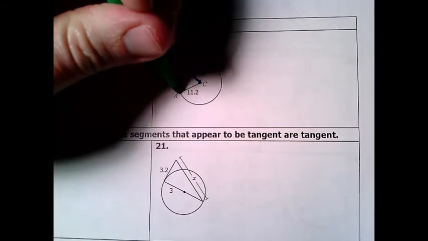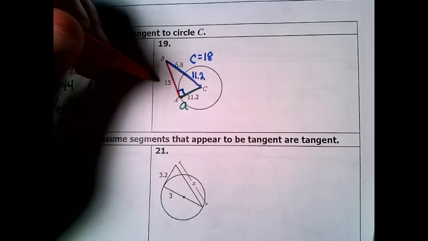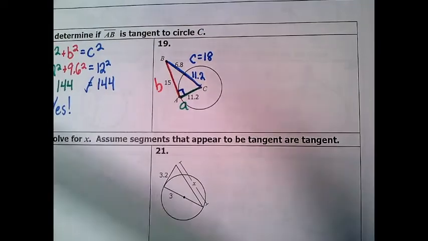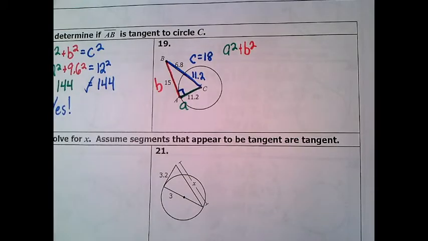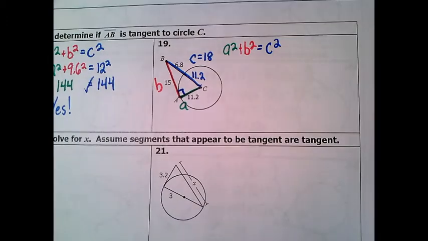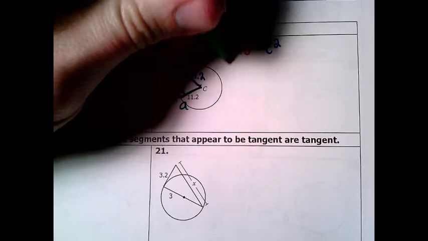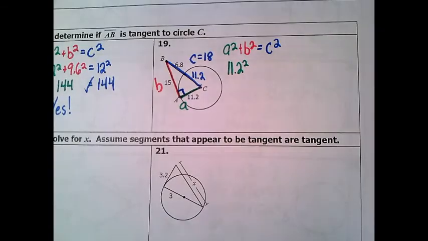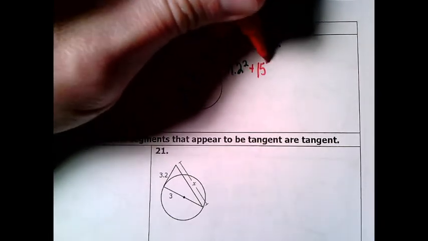Okay, so then either one of these can be A. We've talked about it in class. I like picking the smaller one to be A. I like the bigger one to be B. So again, it's A squared plus B squared. Does that equal C squared? Well, my A is 11.2 squared plus my B, which is 15 squared.